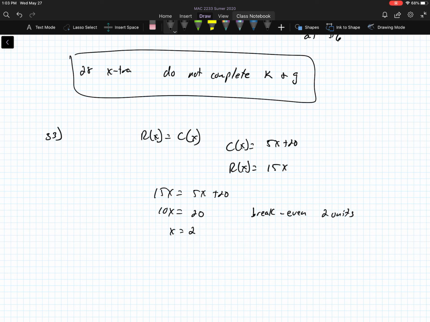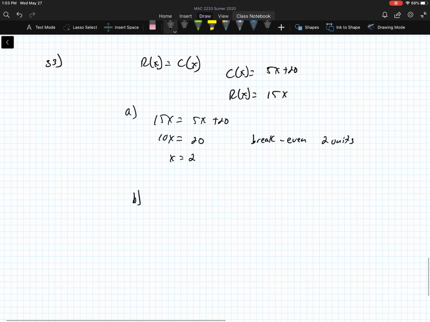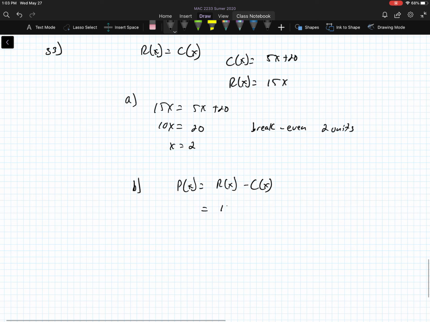The next one is part B. What is the profit from 100 units? So this is A. So part B, the first thing we've got to do is find the profit function. So remember, P of x is equal to the revenue function, R of x, minus C of x. So profit is equal to revenue minus cost.